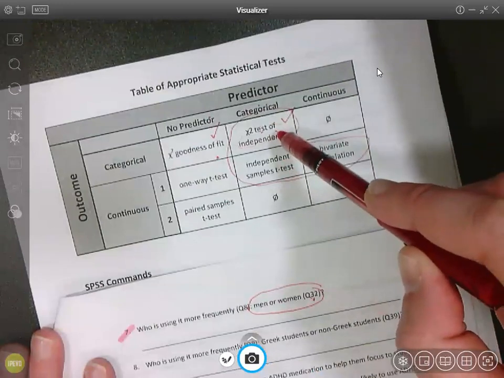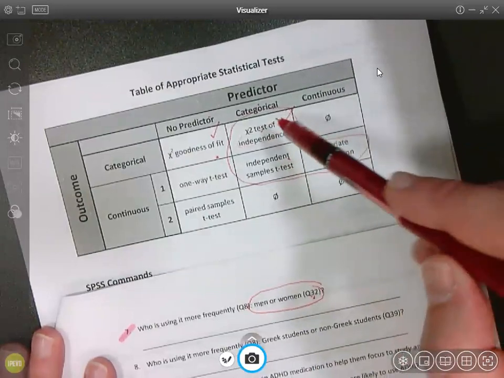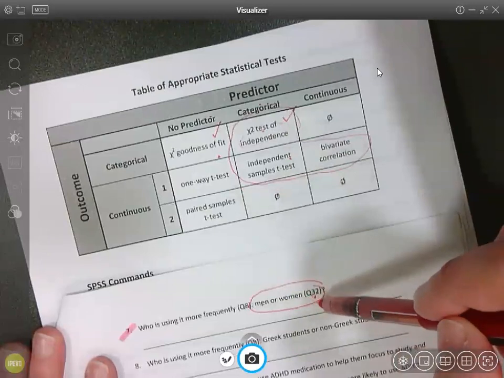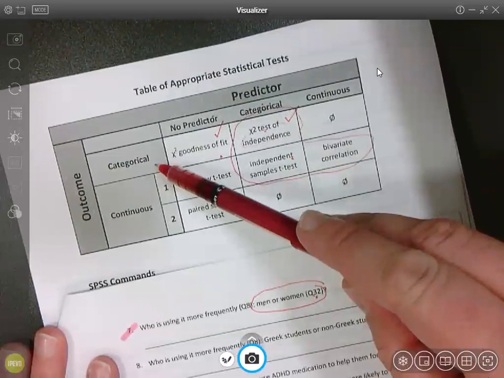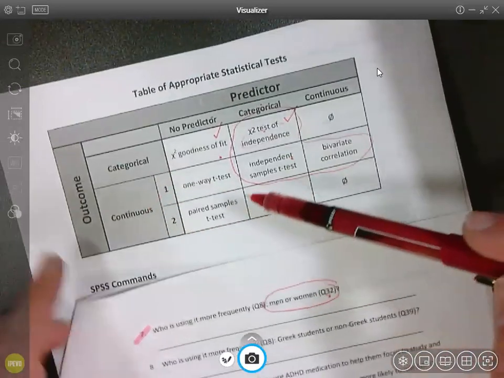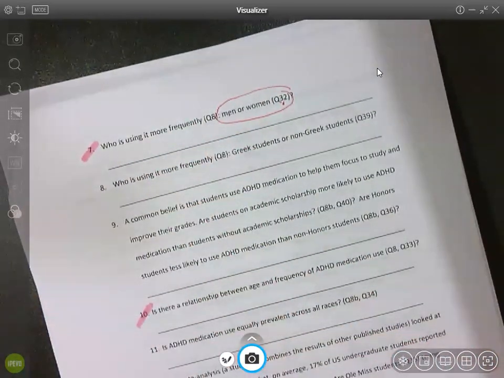So we're either going to do a chi-square test of independence or an independent samples t-test. In order to determine that, we have to ask ourselves, what is it that these men and women are doing that we're interested in? Are they doing something that we measured on a categorical scale, or something that we measured on a continuous scale? This reference is who's using it more frequently, question 8.